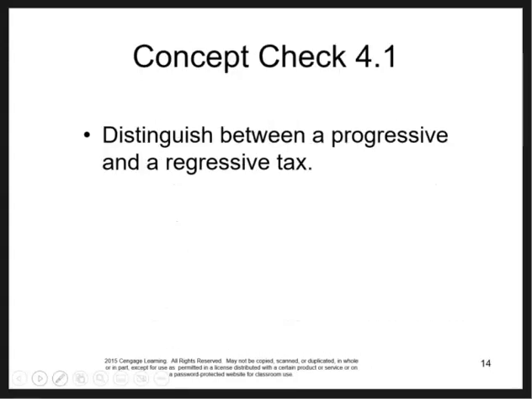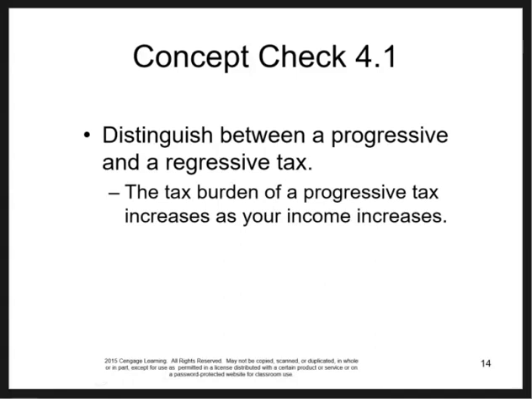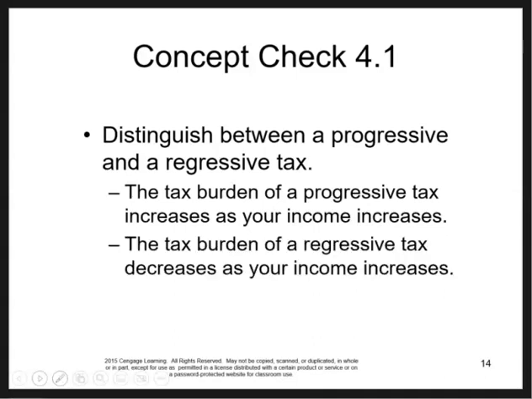Different concept checks, each chapter has these. Distinguish between a progressive tax and a regressive tax. With a progressive tax, the tax burden increases as your income increases, and vice versa. With a regressive tax, the tax burden decreases as your income increases.